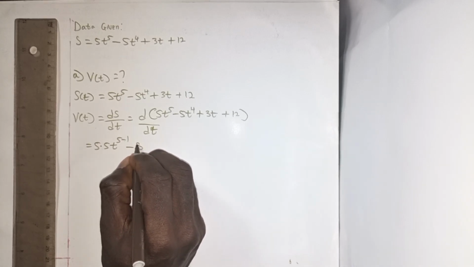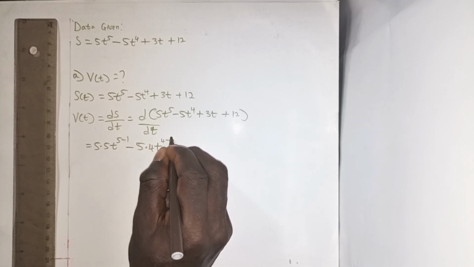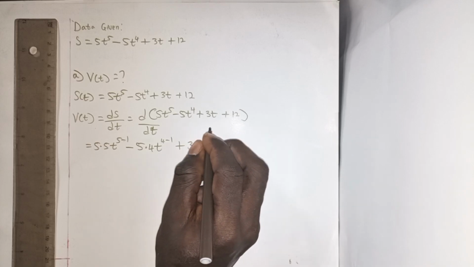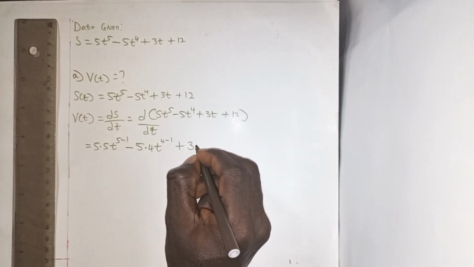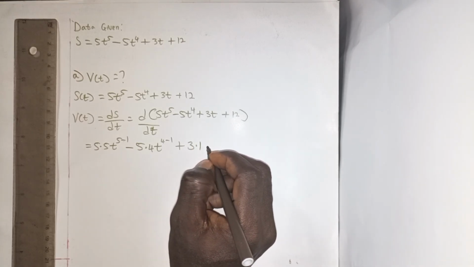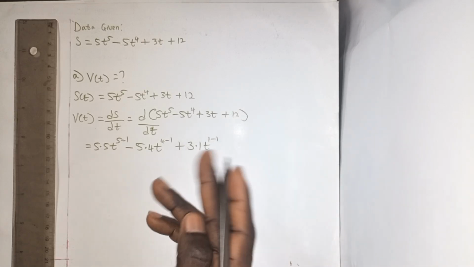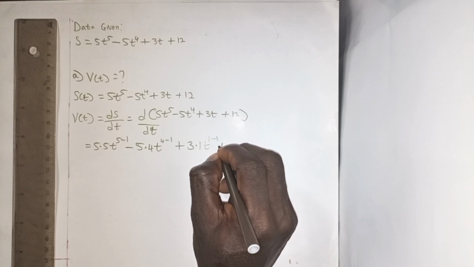So 5 times 4 t to the power 4 minus 1, plus this 3t. The t has a power of 1, although the power is not written there, so we multiply by the coefficient as well, then subtract 1 from it. Then this 12 is a constant. When you differentiate a constant, you get 0, so plus 0.